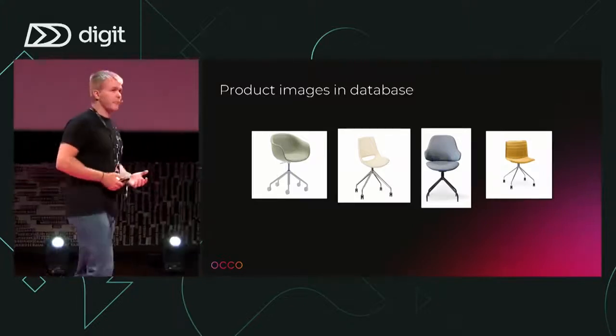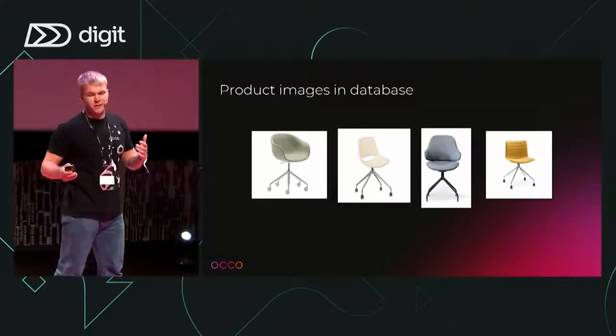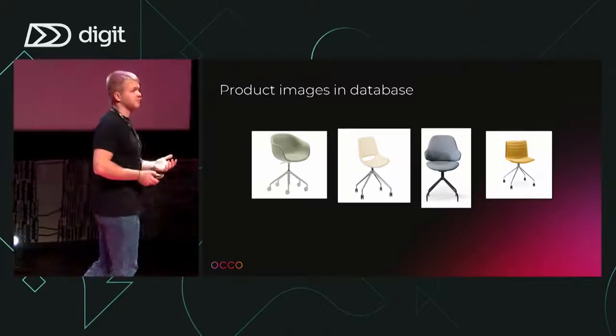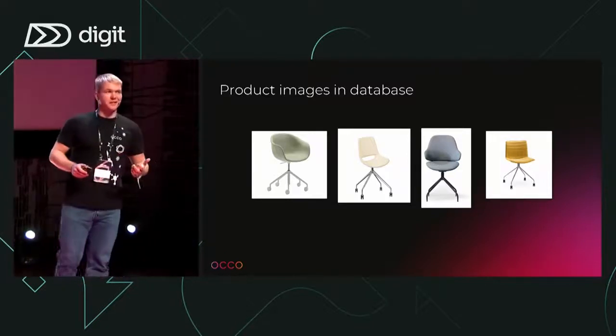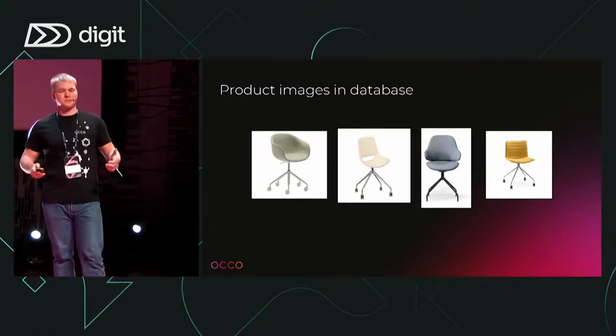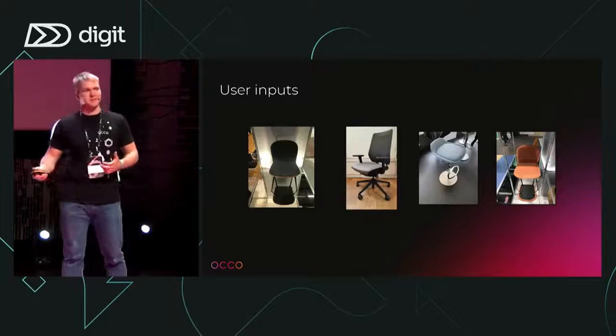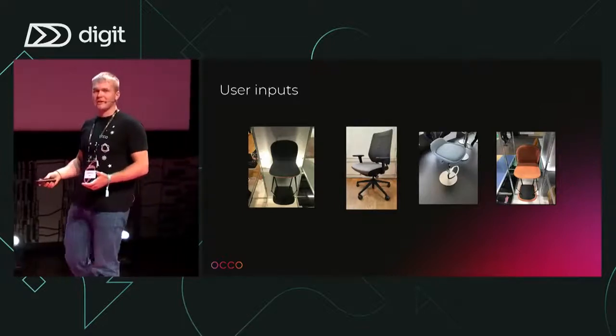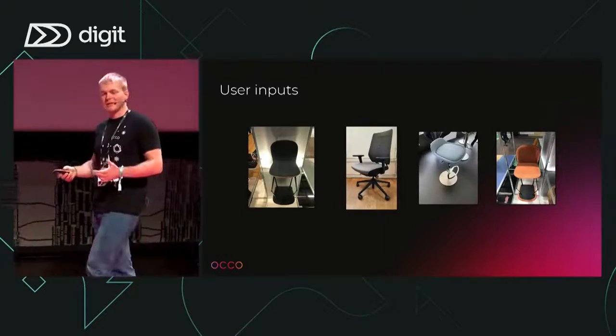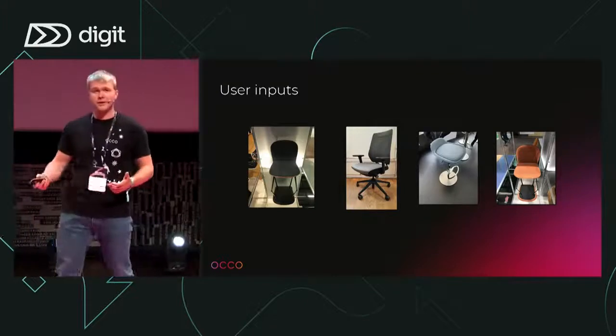Well, what happens if a user can submit their own pictures? Of course, they're not going to submit nice pictures with white backgrounds. They're going to submit pictures like this. Something that has a completely different angle, completely different color, completely different lighting.